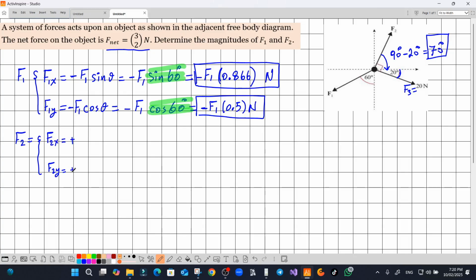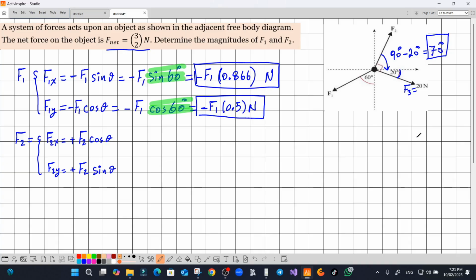Now let's get back again here. We know the angle; the angle measured should be 70. And since the angle is between the x-axis and the force, this is a horizontal angle with respect to the x-axis, which means the cosine should be applied for the x component. So let me write here F2 multiplied by cosine theta, and here F2 sine theta.